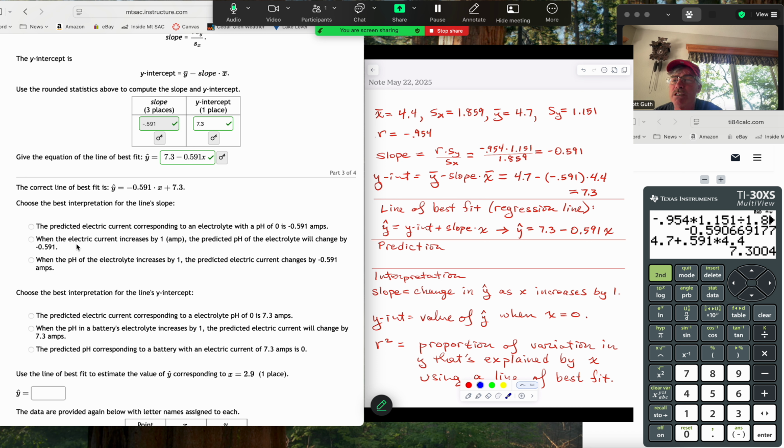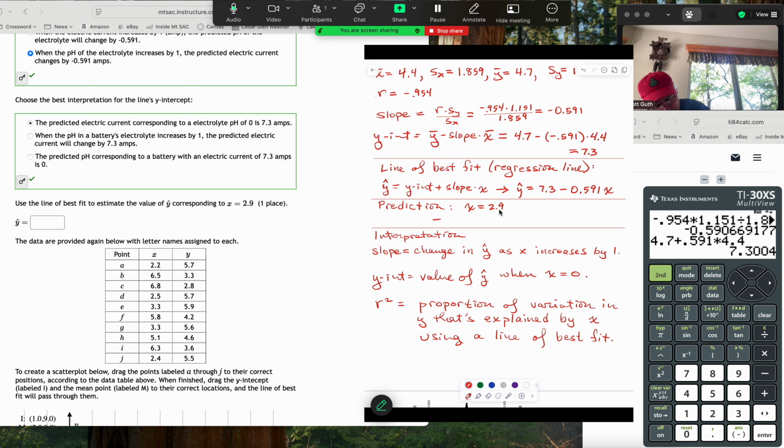There, these are correct. And now we use the line of best fit to estimate the value of y hat, which is the electric current when the pH x is 2.9. So going back to the iPad notes here, we're going to say x is 2.9, which means that y hat, the formula for it is 7.3, and I'm just using this up here.